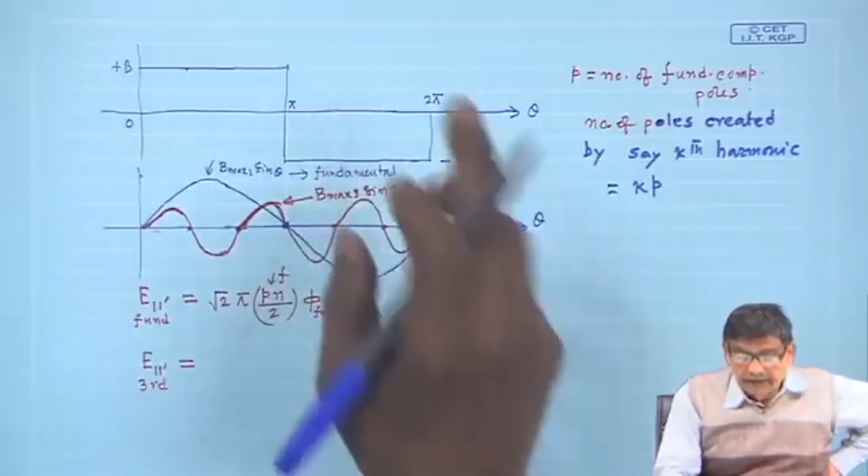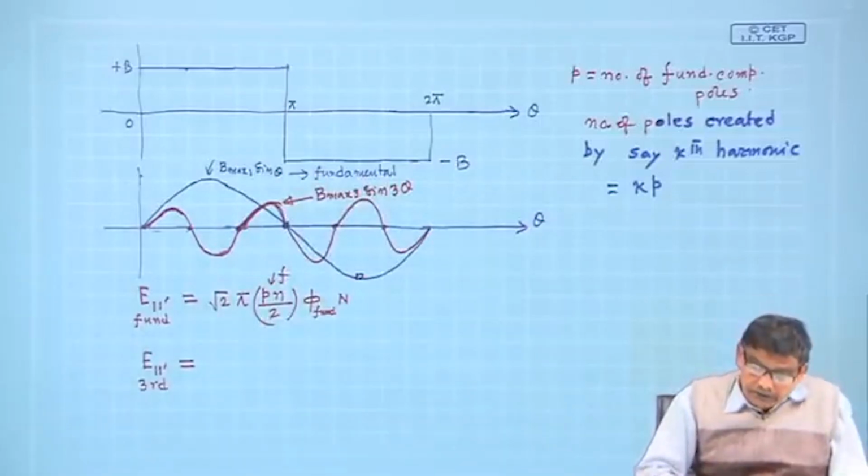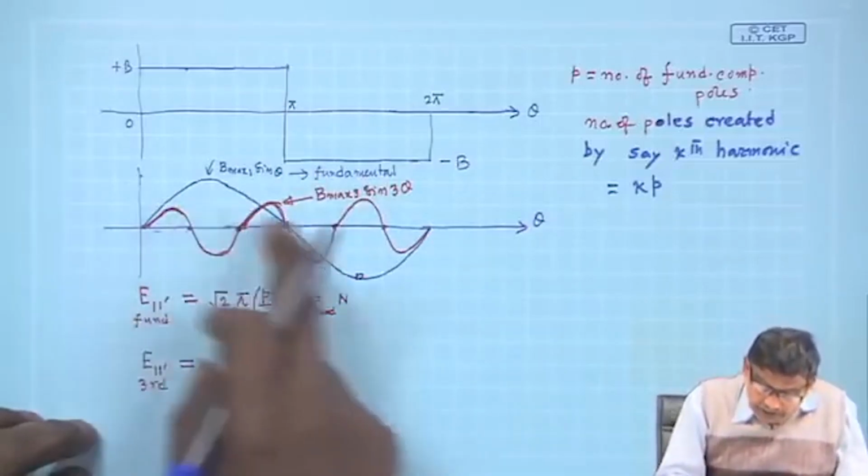Suppose your original number of poles P equals 2; if it is the third harmonic, 6 poles are created.